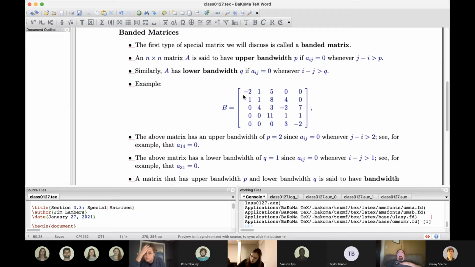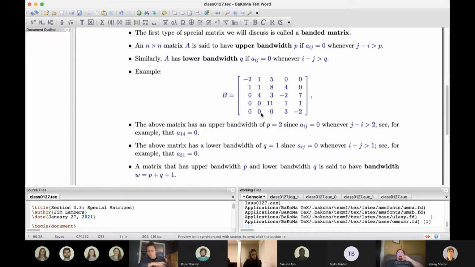All told, in this example, we have 4 diagonals that have non-zero entries. So the total bandwidth is 4. 1 for the subdiagonal, we have 2 superdiagonals, and then you include the main diagonal in that, so we have a total bandwidth of 4. So if P is the upper bandwidth, Q is the lower bandwidth, then P plus Q plus 1 for the main diagonal is the bandwidth.